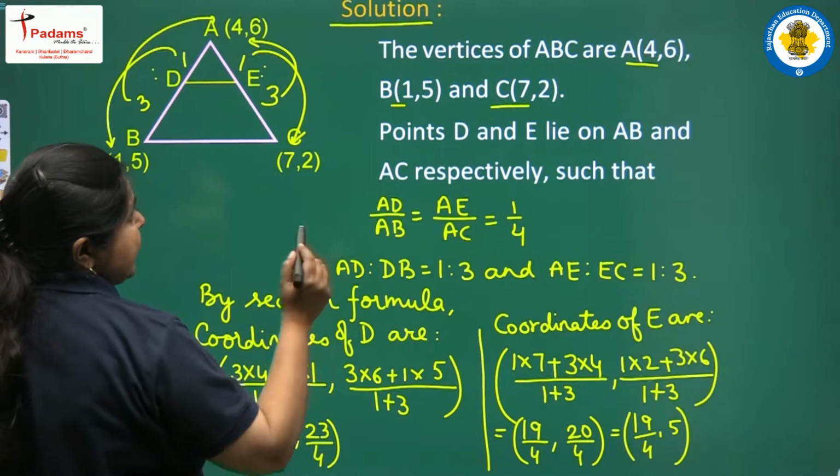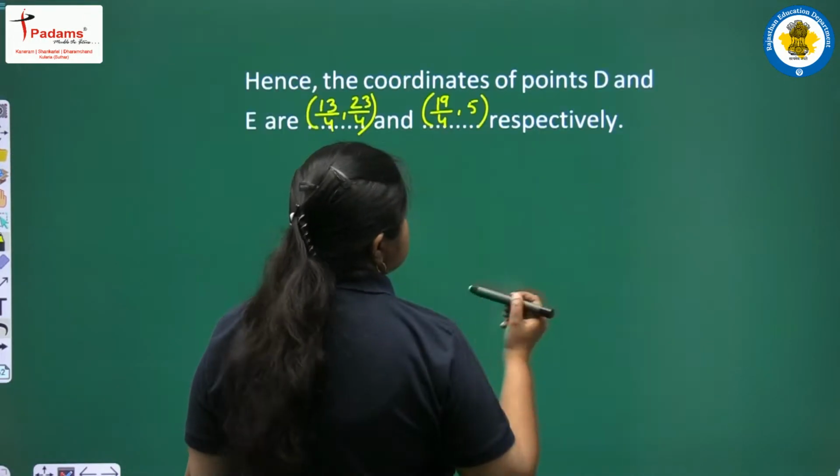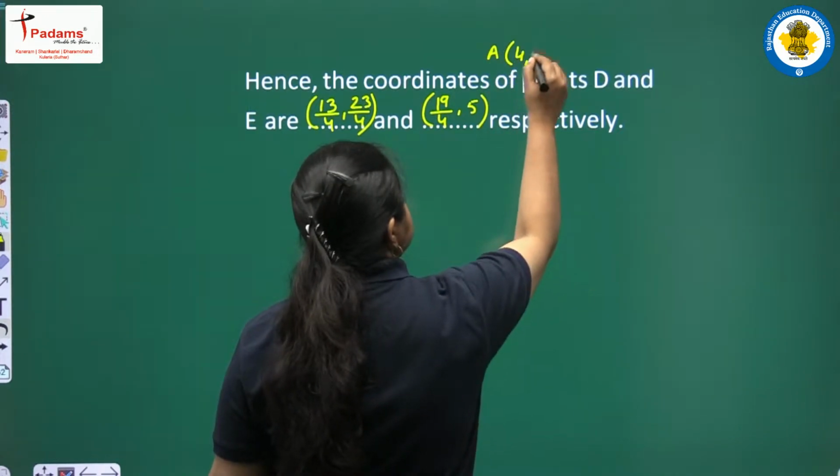The coordinates of point A are 4, 6, you can see. So we can write here also A is 4, 6.